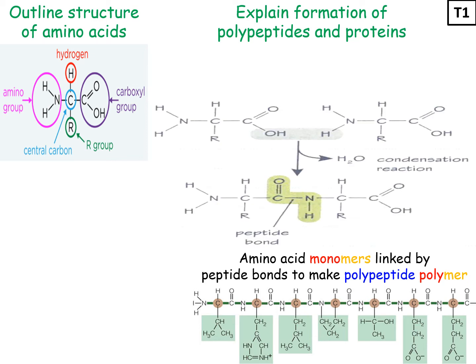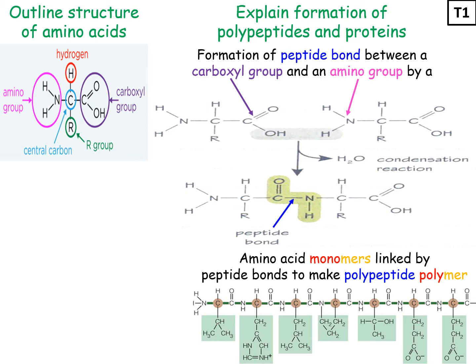Here's an example of two amino acids which are reacted with each other. You can see that the reaction occurs between the carboxyl group and the amino group of different amino acids to form the peptide bond. And this also results in the formation of a water molecule, which means that this is a condensation reaction.